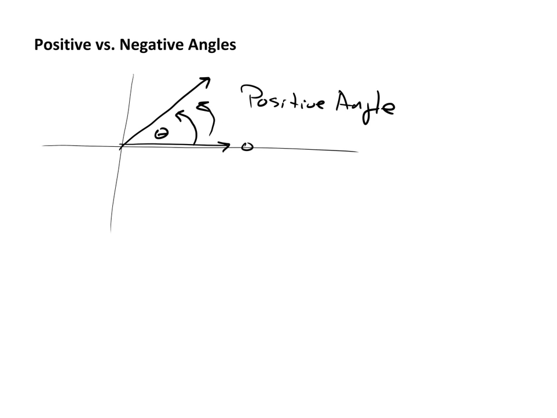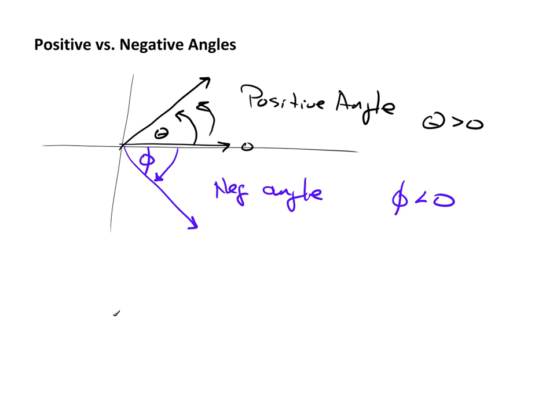Now, if I sweep it out in the opposite direction, if I went this way, now let's just call this phi, this is a negative angle. In this case, phi would actually be negative. So up here, I have theta greater than 0, and down here, I have phi being negative, less than 0.